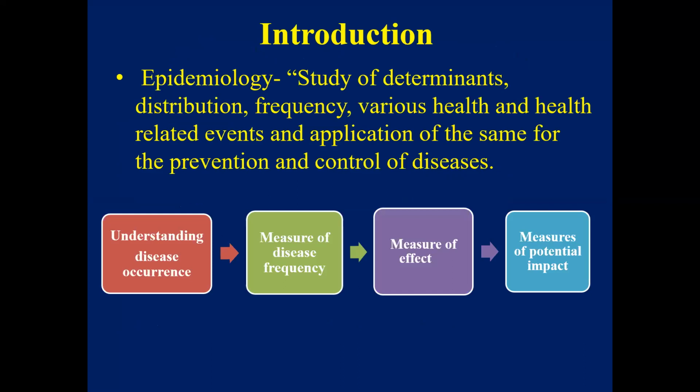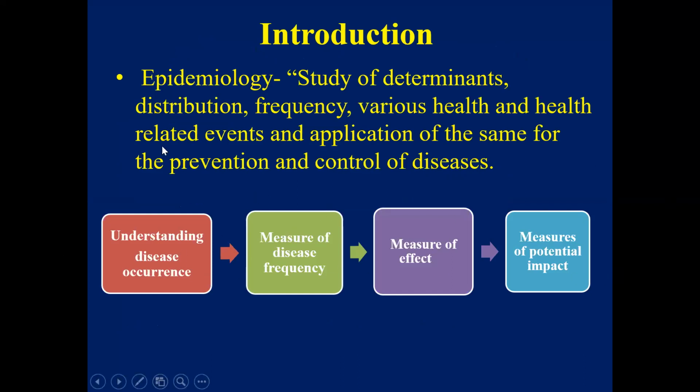We know the definition of epidemiology is the study of determinants, distribution, and frequency of various health and health related events, and the application of the same for the prevention and control of disease. If you see the diagram below, epidemiology deals with understanding disease occurrence, then measuring the disease occurrence, measure of effect, and then measure of potential impact. So this is how the flow is.